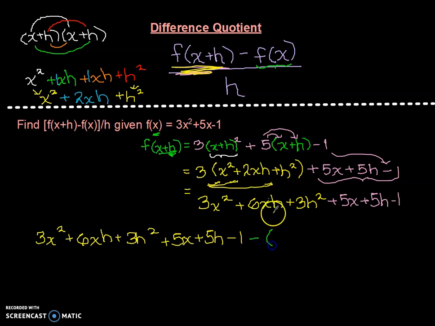So minus, and in parentheses, because f of x is an expression, 3x squared plus 5x minus 1, and the whole thing is over h.